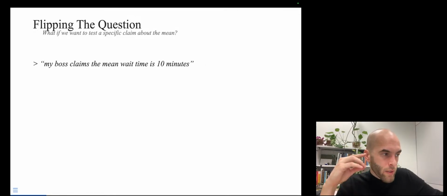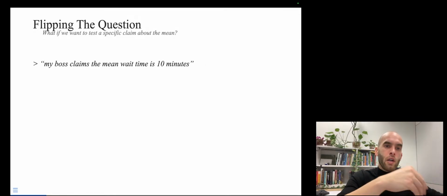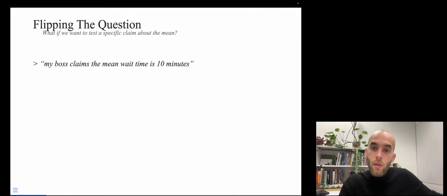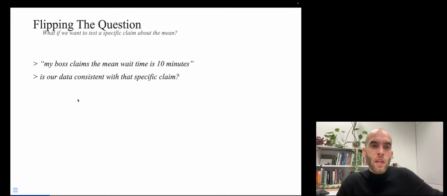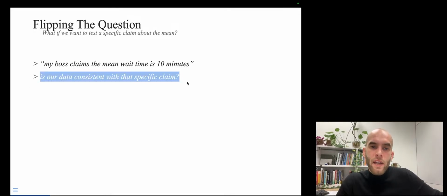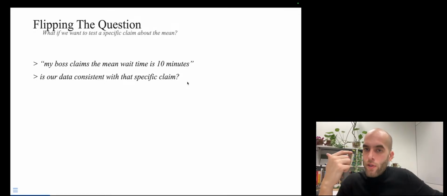We can actually just very directly port over the confidence interval approach to thinking about this question. We have to do a little bit of work here at the front, but almost everything will look pretty familiar. Essentially, we're going to try to ask whether our data is consistent with 10 minutes being the average wait time.